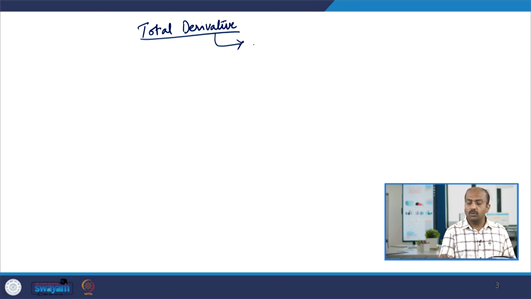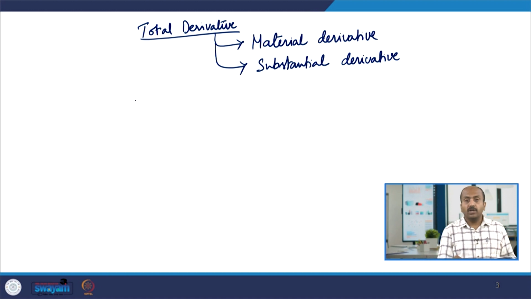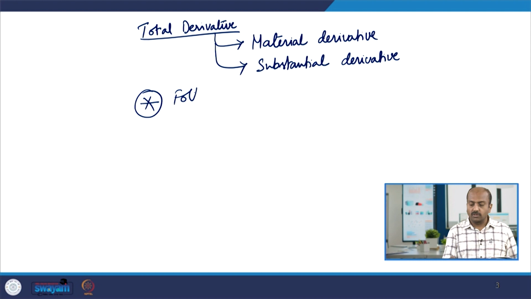Total derivative, also known as a material derivative, is also called a substantial derivative. The most important characteristic being it calculates the change following the motion.